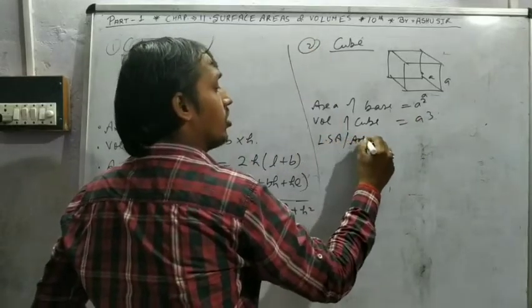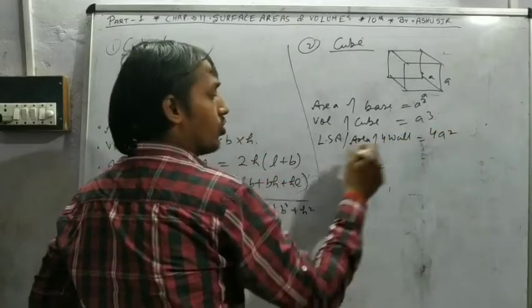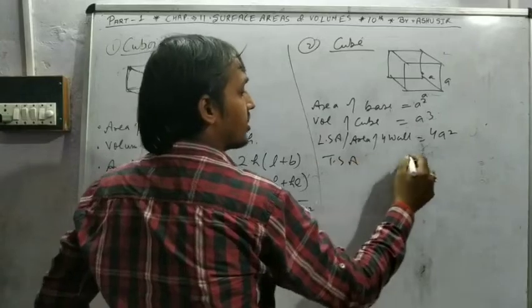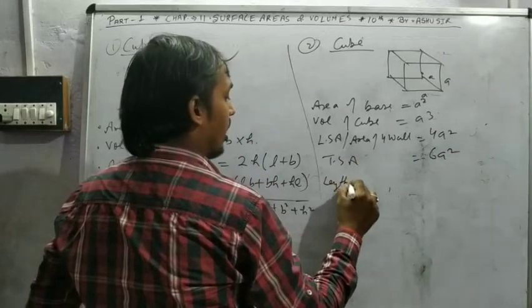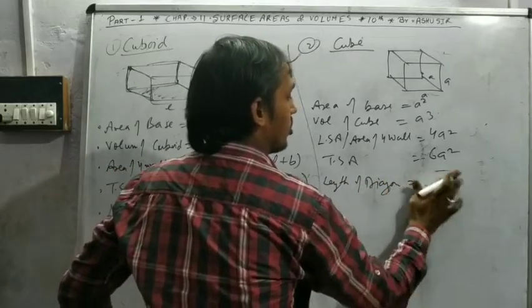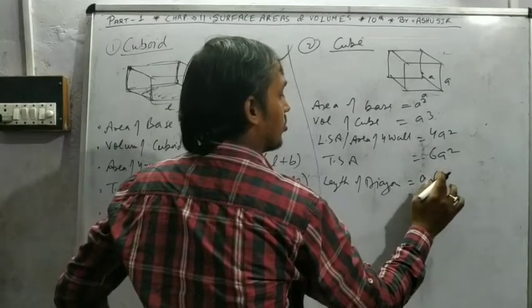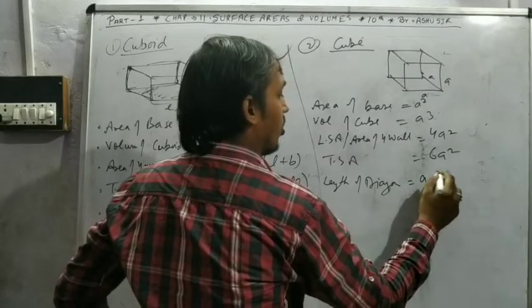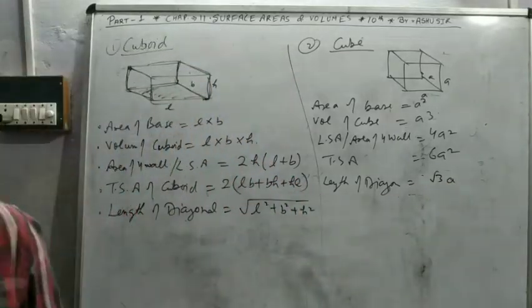LSA, or area of 4 walls, 4A square. Total surface area of 6 walls, 6A square. Length of diagonal root 3 A, or root 3A. Okay, pause, we note down.